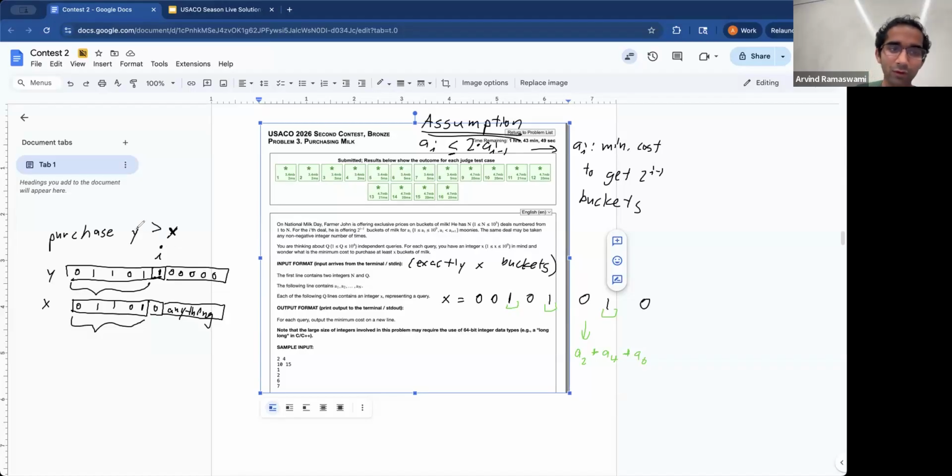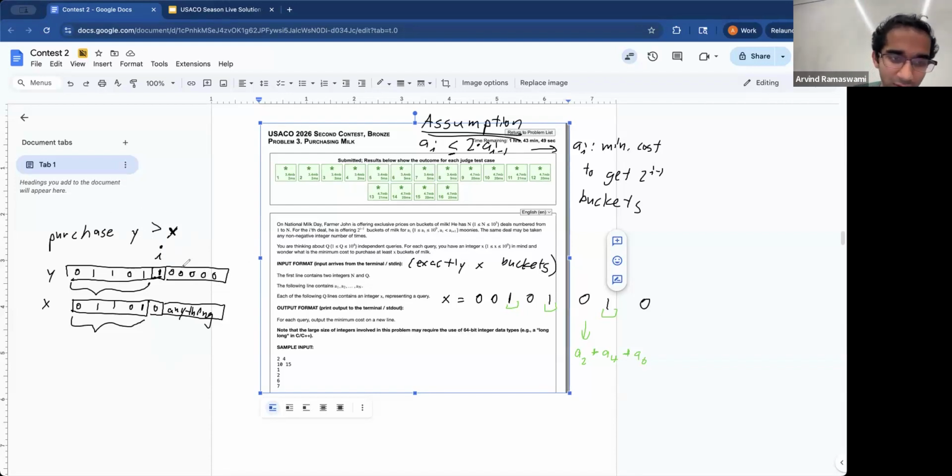So if y is greater than x, that means that for some bit, the ith bit of x is 0, and the ith bit of y is equal to 1, right? And then you just find the cost of this. So for the case where y is equal to x, you just add the cost of those powers of 2.